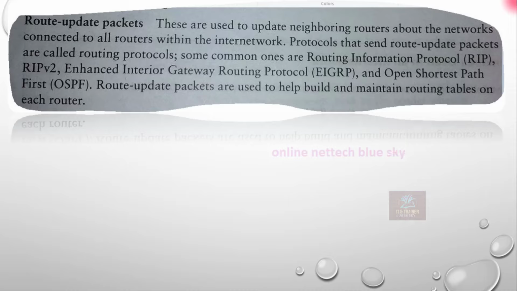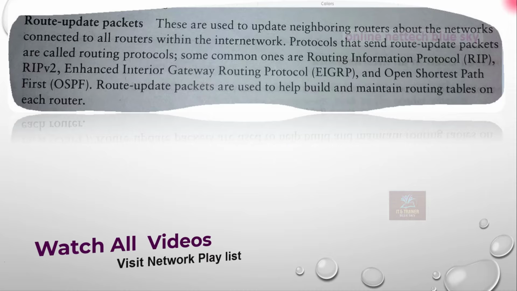These three protocols are very famous in Cisco. I will show you when I teach you Cisco routing technology. Routing update packets are used to help build and maintain routing tables on each router.